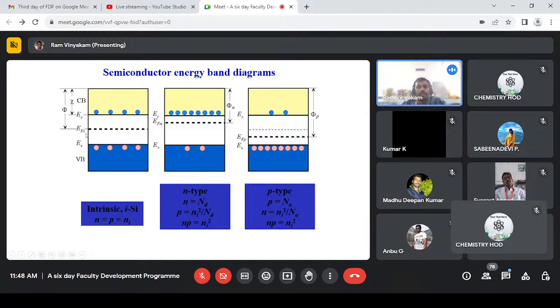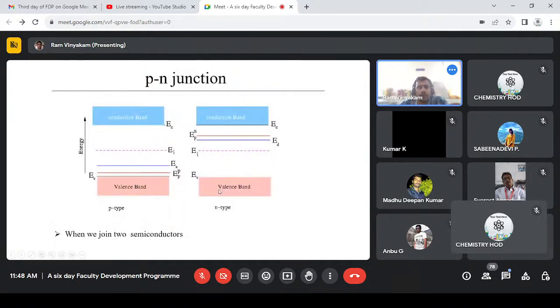So the Fermi level will be nearby the middle of the band, not exactly at the middle. Whereas in the N-type, the probability of finding electrons is near the conduction band, so the Fermi level will be located near the conduction band. Similarly in the P-type, the probability of finding holes is nearby the valence band, so the Fermi level will also lie nearby the valence band.